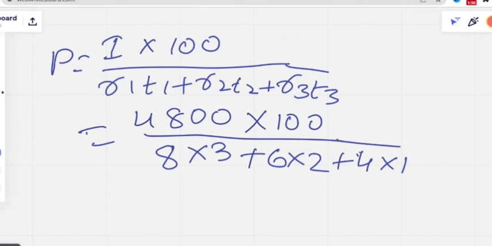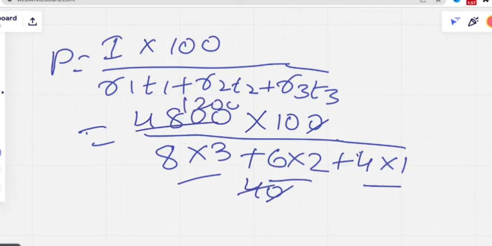Okay, if we calculate, 8 times 3 is 24, 24 plus 12 is 36, 36 plus 4 is 40. The bottom has a zero, so we cancel this, and it is exactly 120 times 4800 divided by 40, so the answer is going to be 12,000.